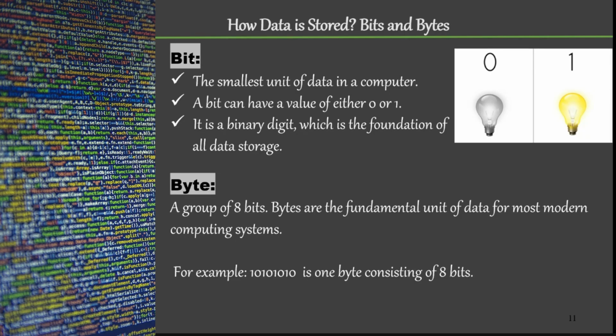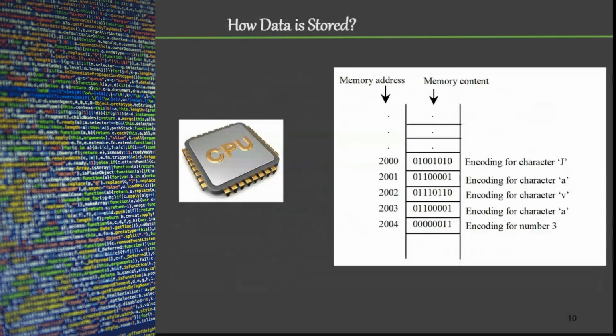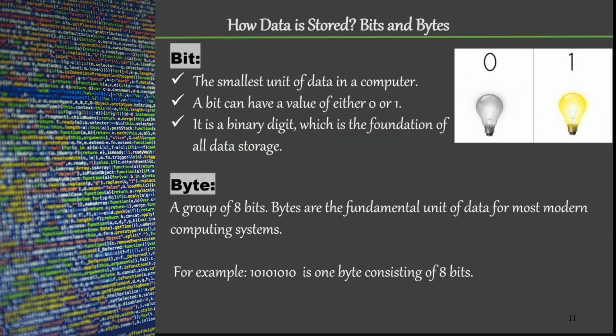So the smallest unit, just like there the smallest unit was Hertz, here the smallest unit is a bit. I always say bits and bytes, and now the topic is also bits and bytes. The smallest unit of data in a computer is a bit, and a bit can have a value of either 0 or 1.